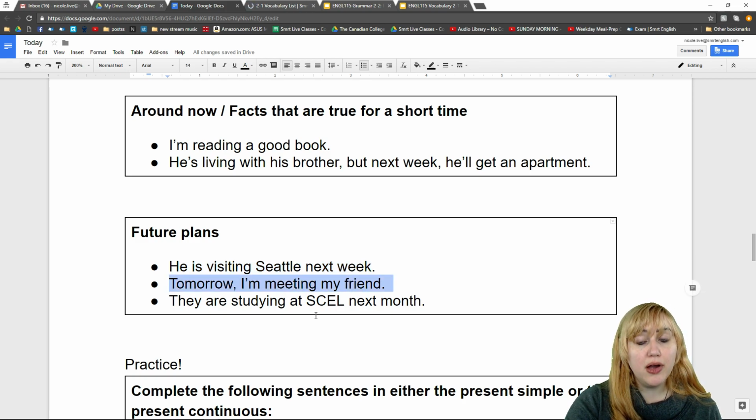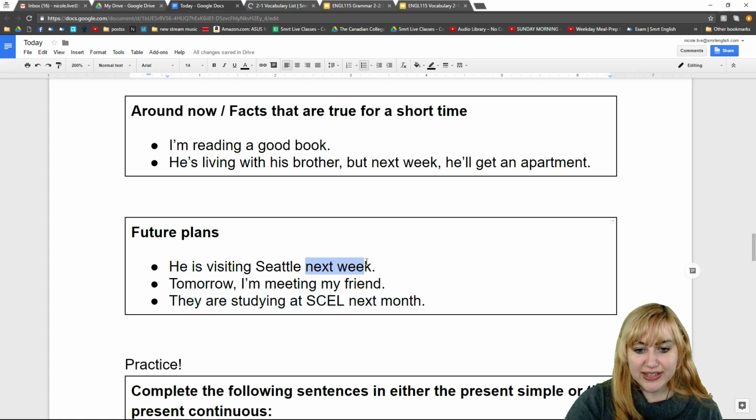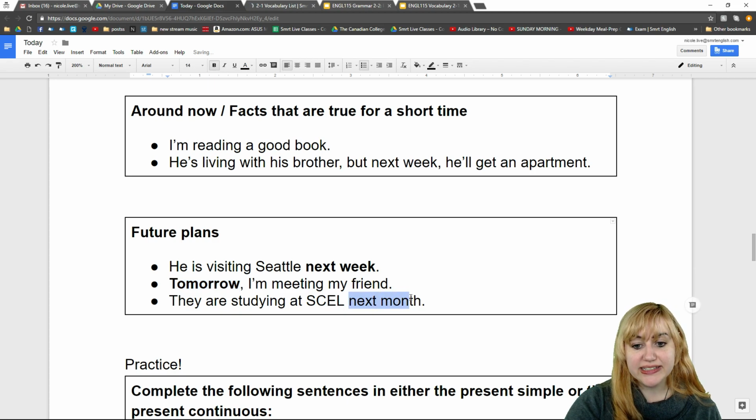Or, tomorrow, I'm meeting my friend. Or, they are studying at SCEL, that's my school here in Spokane, next month. So here you can see it says next week, tomorrow, and next month.